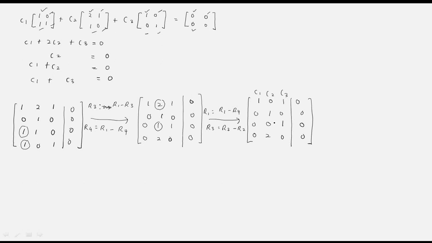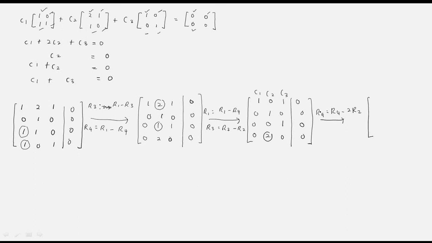We can continue with one more, I think. Let's change this one. We want to change R4, we want to make it 0. So R4 minus 2 multiplied by R2.